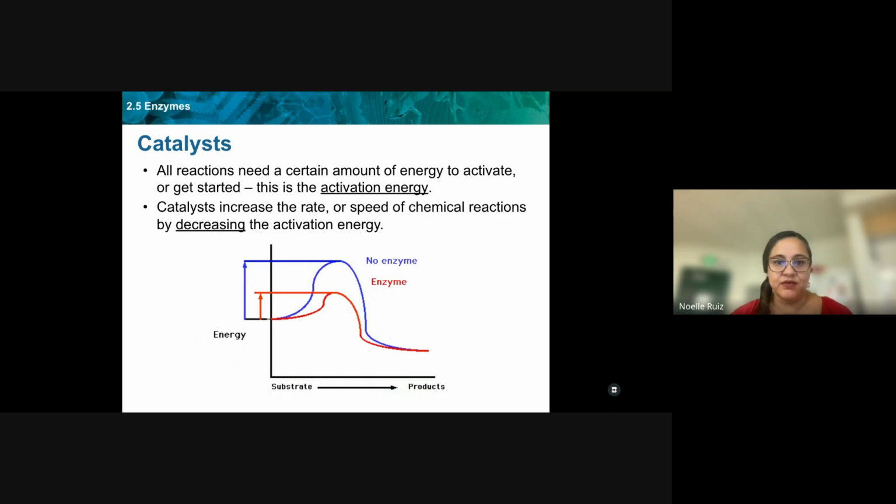But with an enzyme in the red, you only need this much energy to get that chemical reaction going. So with an enzyme, that amount of energy needed is decreased. And that helps all of our chemical reactions in our bodies and elsewhere move a lot faster.